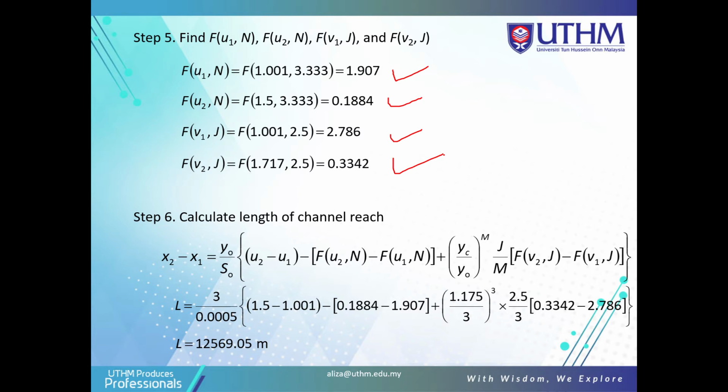We must look at the F table for u and N, and F for v and J. So we look at F of 1.001 with 3.333, F of 1.5 with 3.333, and F of 2.5 and F of 1.717 with 2.5.